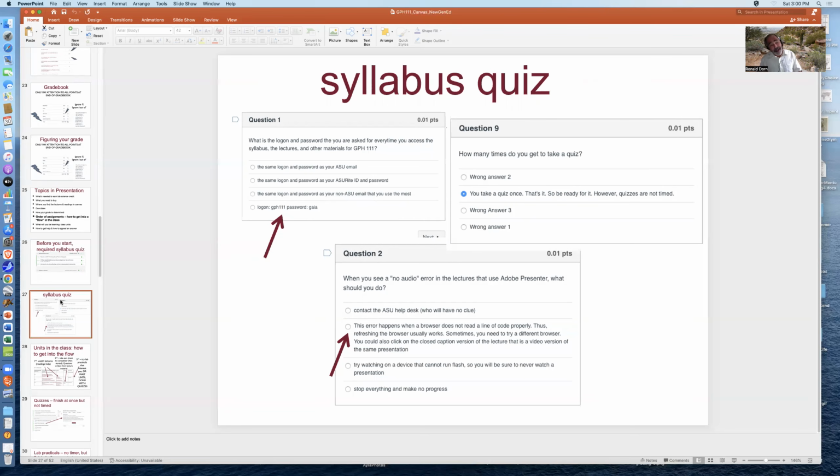"Oh, I tried to enter my ASU log on and my ASU password and it didn't work. How do I access the lectures?" Well, I know you didn't watch this, and I know you didn't read the syllabus. So the key points in the syllabus are covered in this quiz, sometimes in a tongue-in-cheek fashion, sometimes more serious, to just make the major points easy to review.